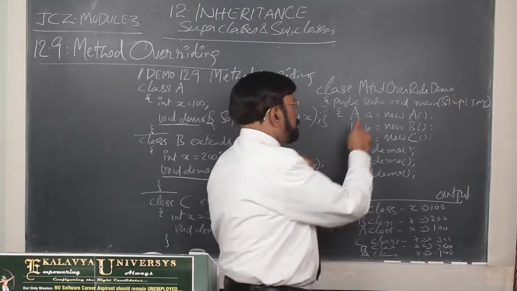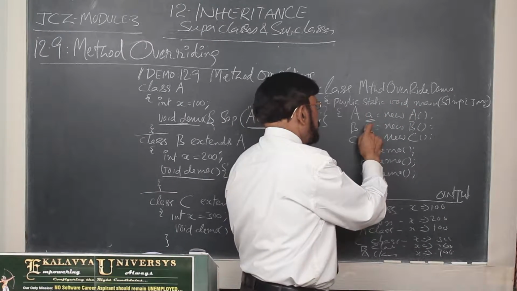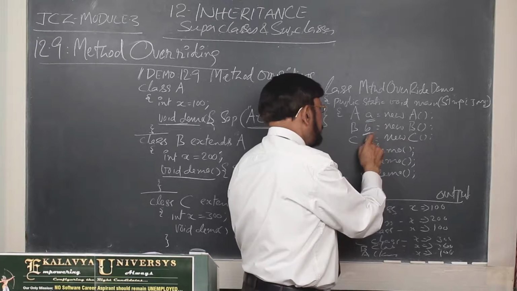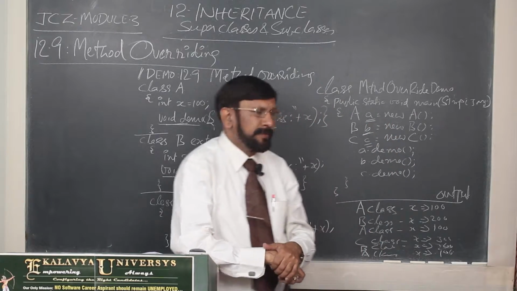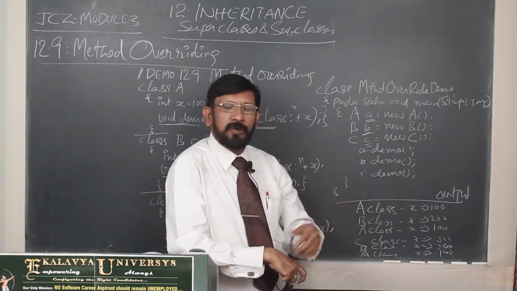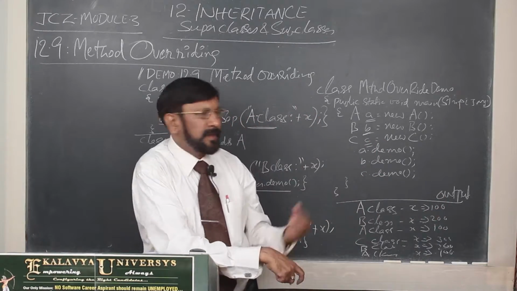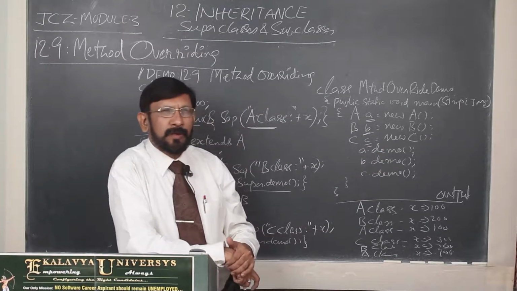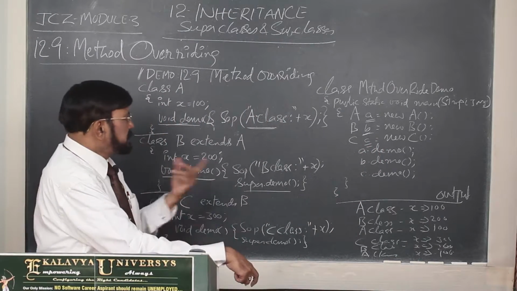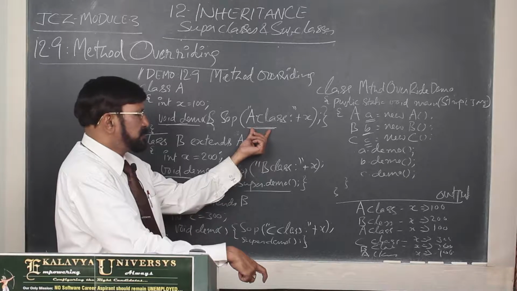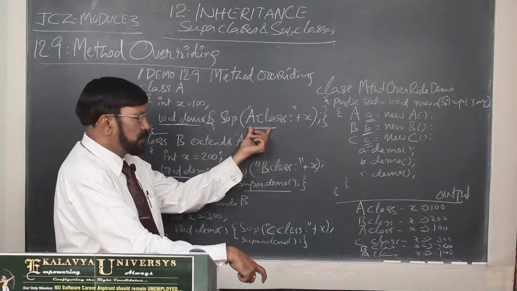In this, from A, B, C, objects I have created. Now, a.demo I have written. Do not see the output; just think, if I write a.demo, which is executed? This is executed.